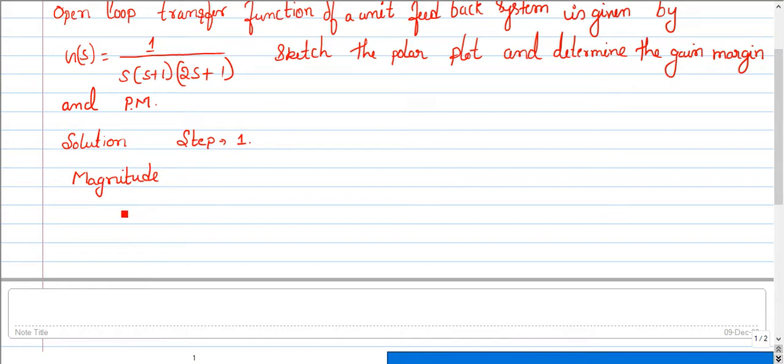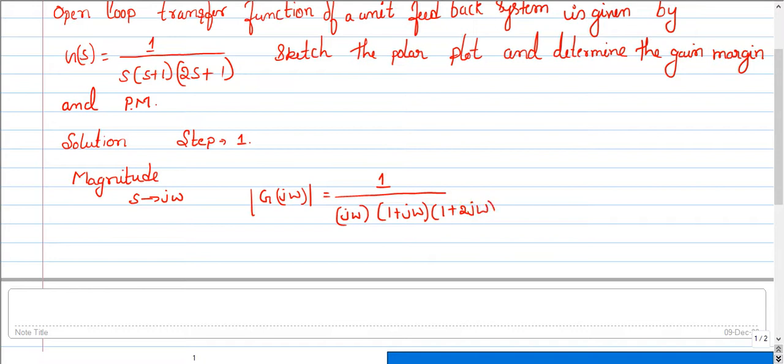Here I will substitute s as j omega, and G of j omega is given by 1 by j omega, 1 plus j omega, 1 plus 2j omega.